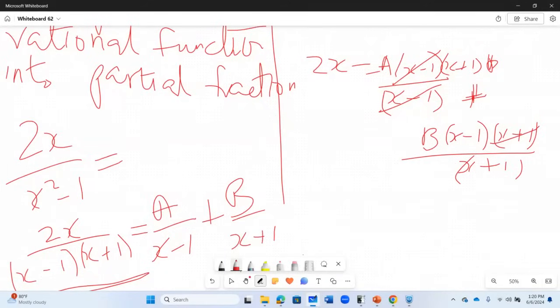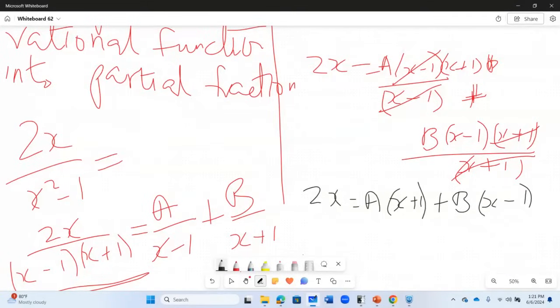And x plus 1 will cancel. So we end up having 2x is equal to A times (x plus 1) plus B times (x minus 1).